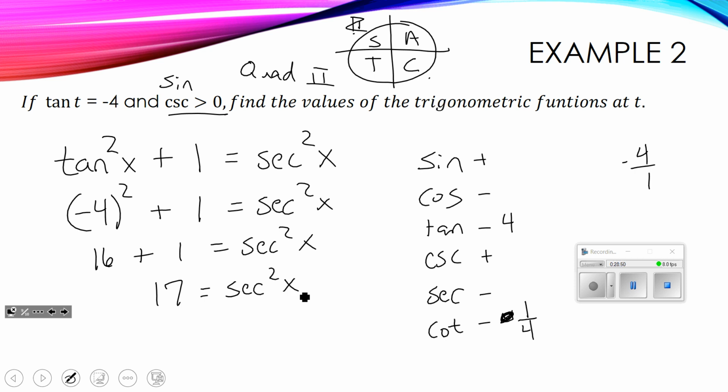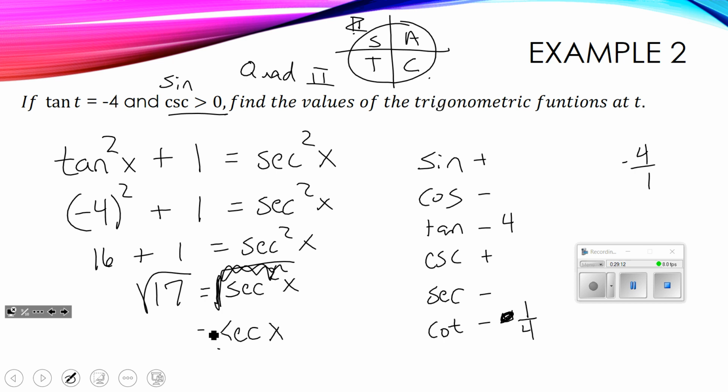This is still squared. Treat secant just like you would a variable. So how do I get rid of the square? I'm going to take the square root on both sides. So what happens, Gonzalo? They cancel. They don't cancel, you mean really? Okay, they just cancel.